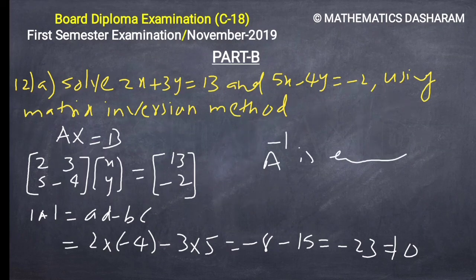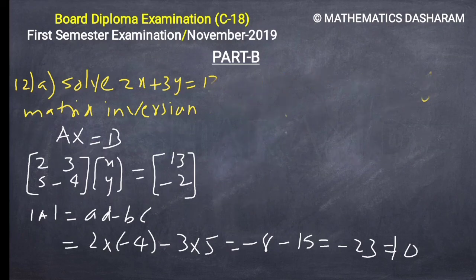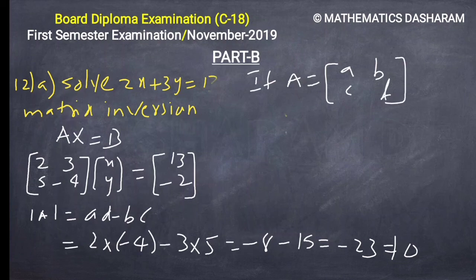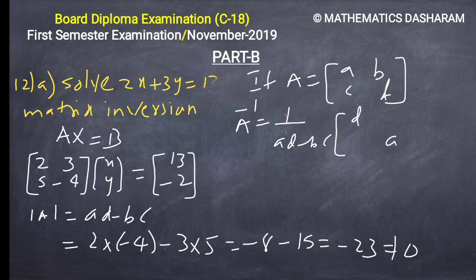Next, to find the A inverse: if A equals the matrix A B, C D, then the A inverse formula is 1 by AD minus BC, times the matrix where we interchange the diagonal elements and change the sign for the other diagonal elements.